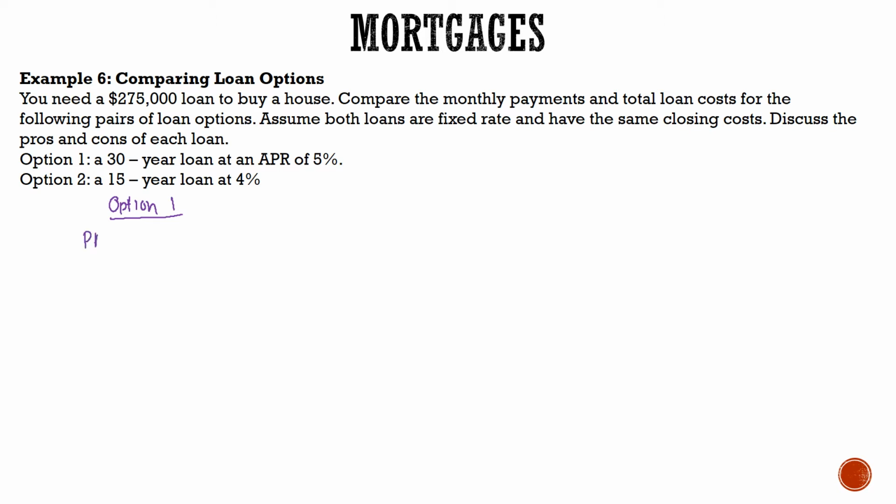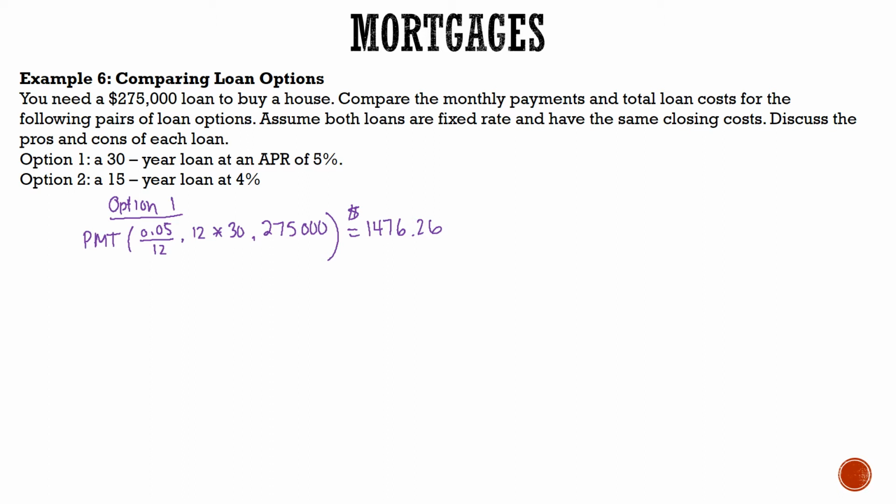So the payment, PMT, in Excel will have the APR of 0.05 divided by the number of payments we'll make each year, which is 12, 12 times the 30 years that we'll have the loan, and then we need the loan amount, $275,000. Then in Excel we'll get our monthly payment, which is going to be $1,476.26 per month. So it's going to cost just shy of $1,500 a month for this 30-year loan.